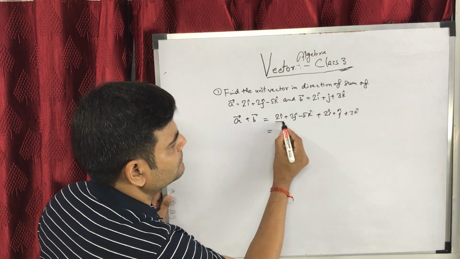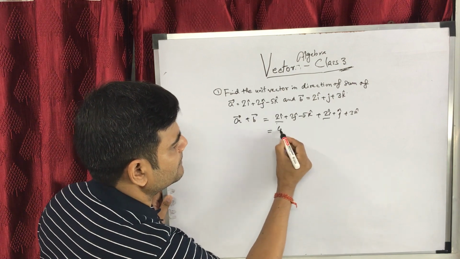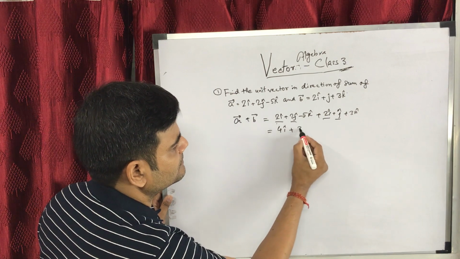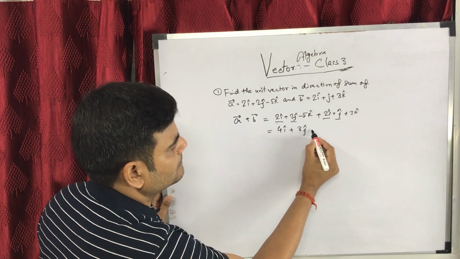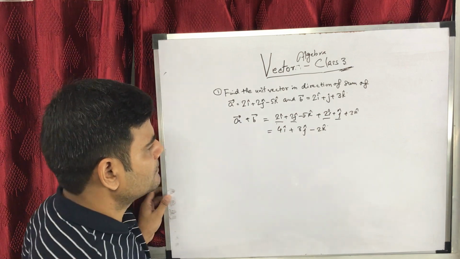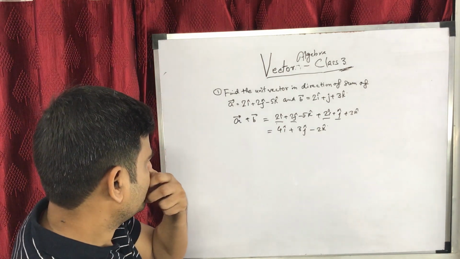Very easily, 2i and 2i becomes 4i, 2j plus j becomes 3j, and this becomes minus 2k cap. So this is a plus b.